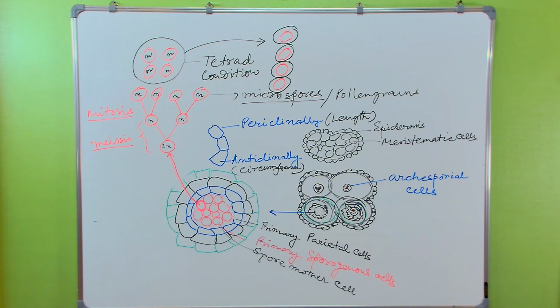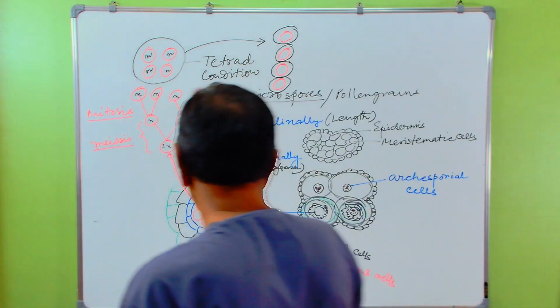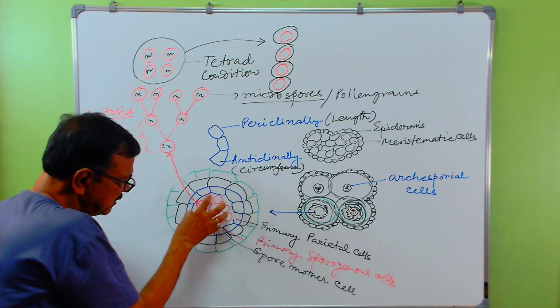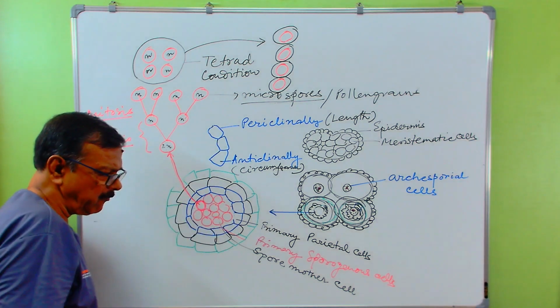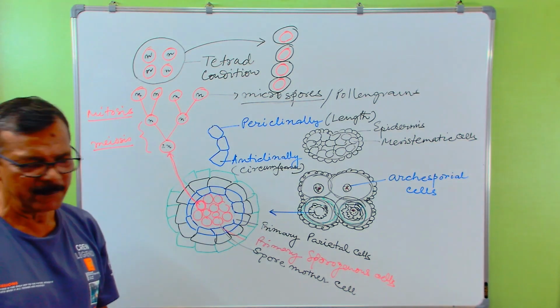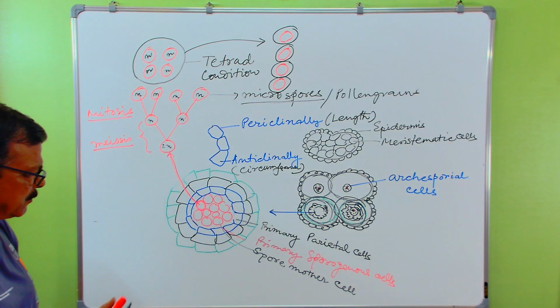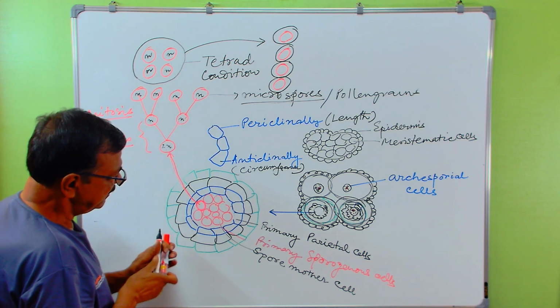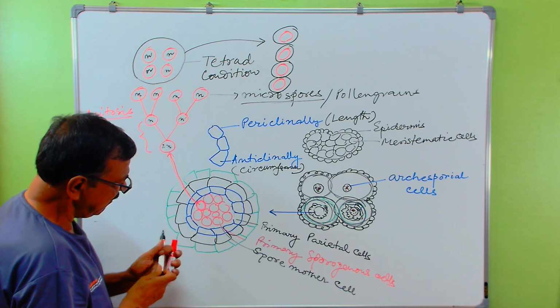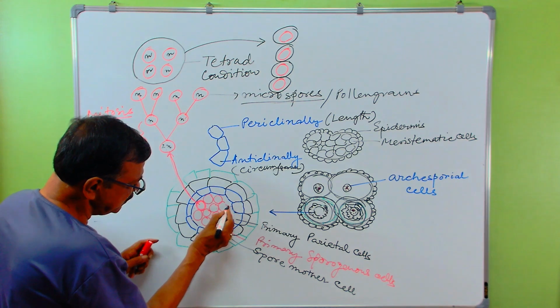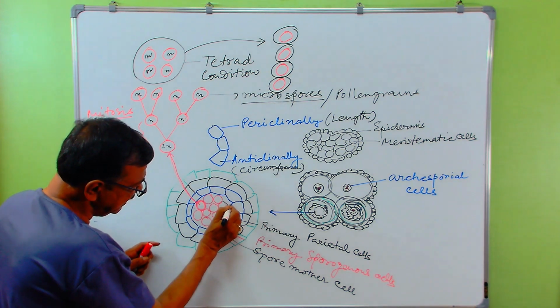Now, as these spore mother cells are growing, they should have food. So, on the other hand, I should say that the adjacent layer above the sporogenous cells is this.